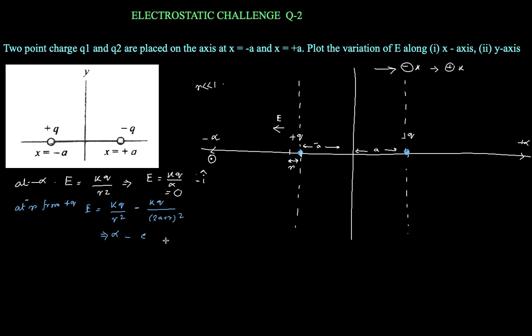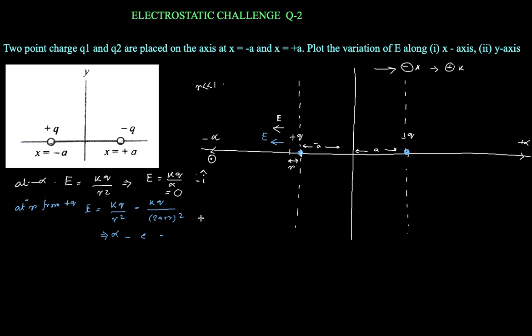Now what is the direction of the field? The direction of electric field is in this direction, so this is the negative. So the electric field at minus r, as it approaches towards plus q, is positive in nature.